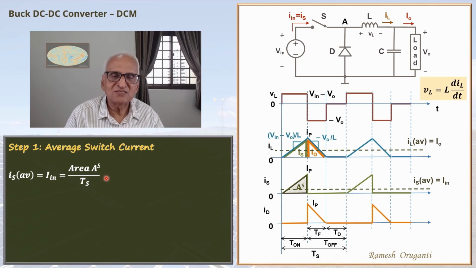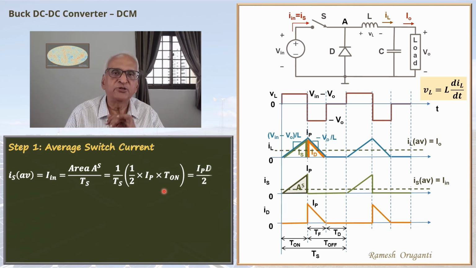Fortunately, area AS is a simple figure, it's a triangle. Area is half IP times T on. So the input DC current is half IP times T on divided by Ts. T on by Ts is of course the duty cycle. So this is IP times duty cycle by 2. That is the DC input current.